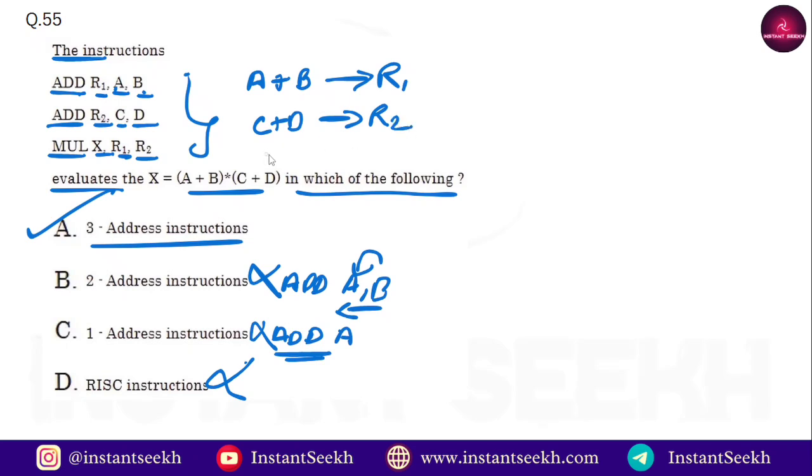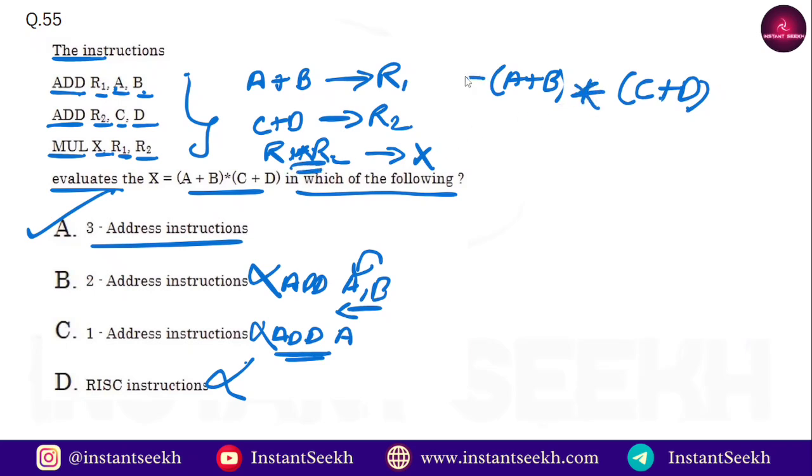Similarly, mul X R1 R2 multiplies R1 by R2 and stores it in X. So A plus B is added, C plus D is added, and their multiplication is done and saved in X, which is our pattern here.